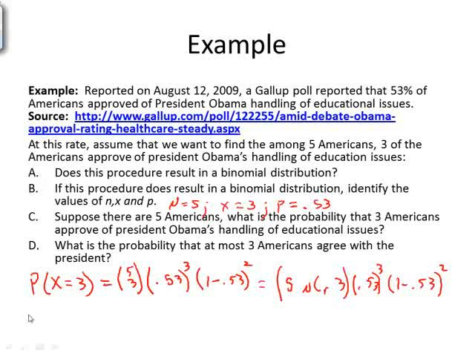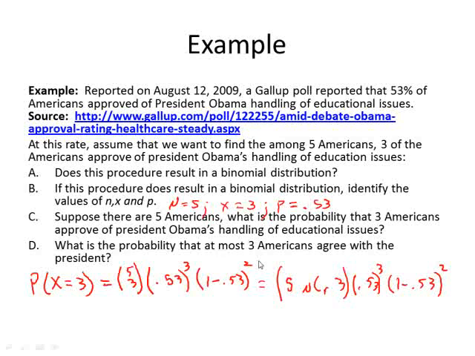So part D asks us to compute the probability that at most 3 Americans agree. So how do I write this using random variable notation? So the probability that at most 3 agree. How am I going to write it?